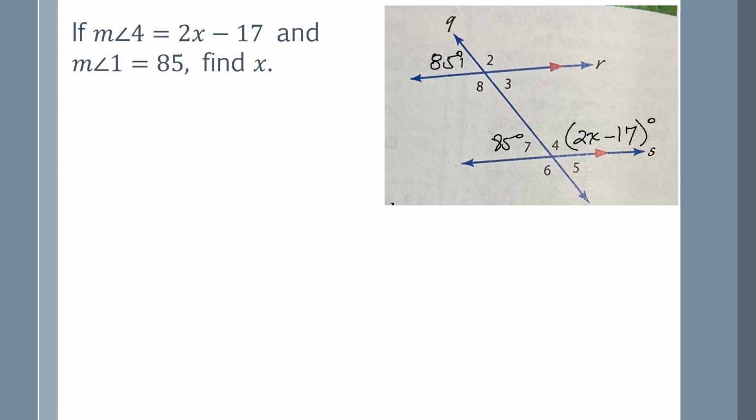So I'm going to set it up as this: 2x minus 17 plus 85 equals 180. So negative 17 plus 85 is 68.